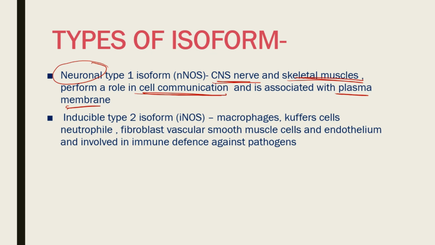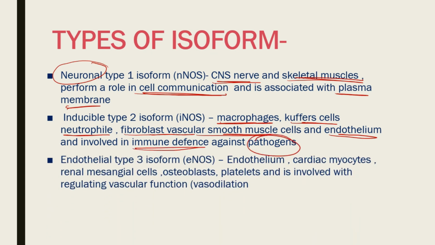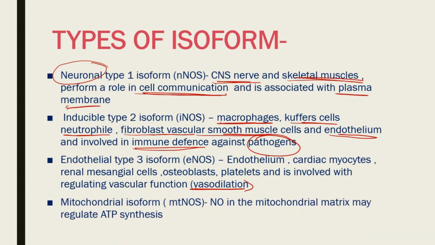Second is the inducible type 2 isoform, mainly present in macrophages, Kupffer cells, neutrophils, fibroblasts, vascular smooth muscle cells and endothelium cells, and involved in immune defense against pathogens. Third is the endothelial type 3, located in the endothelium, cardiac myocytes, renal mesangial cells, osteoblasts and platelets, and involved in regulating vascular function, that is vasodilation. Fourth is the mitochondrial isoform, where nitric oxide in the mitochondrial matrix may regulate ATP synthesis.